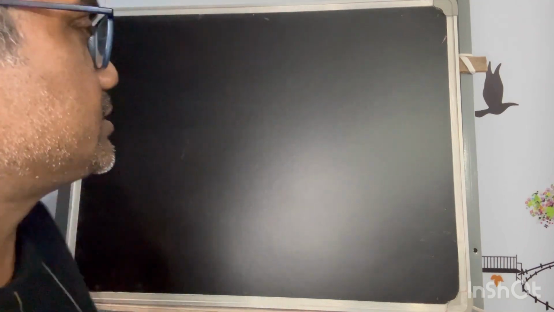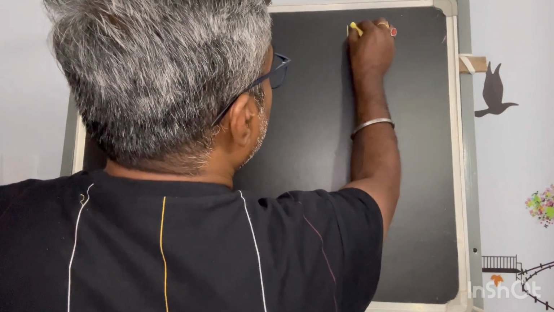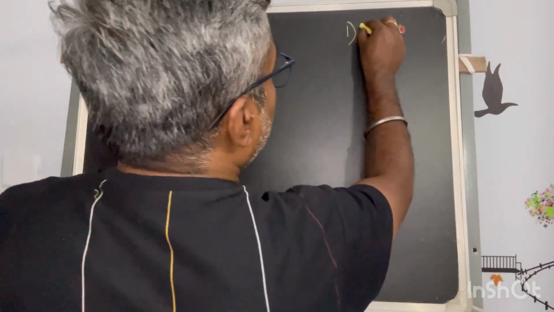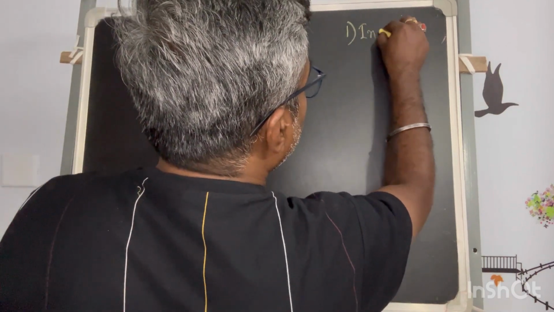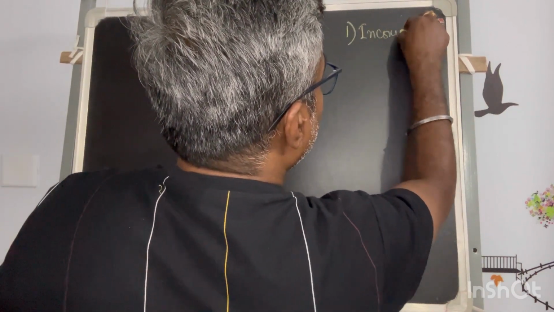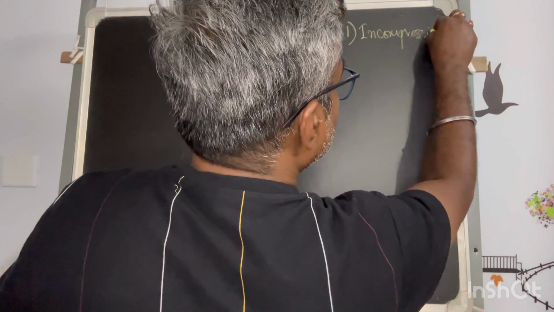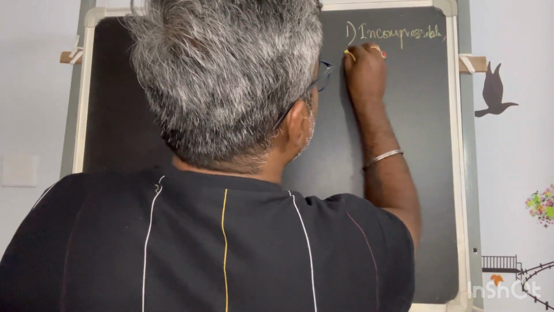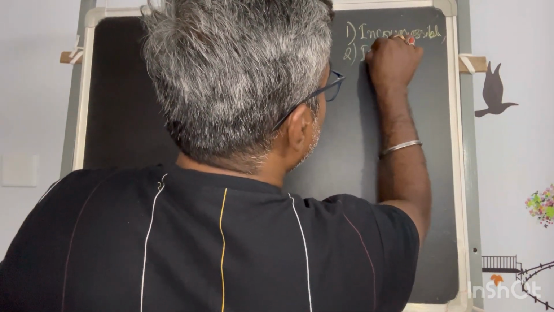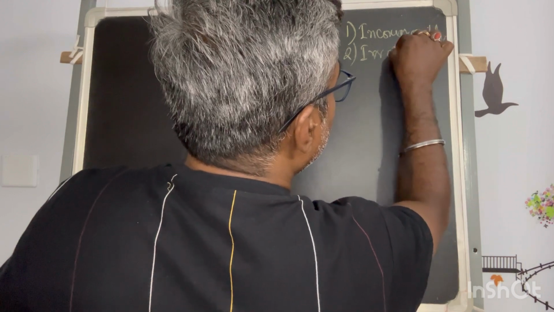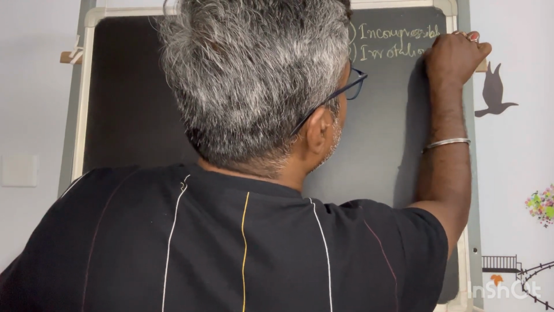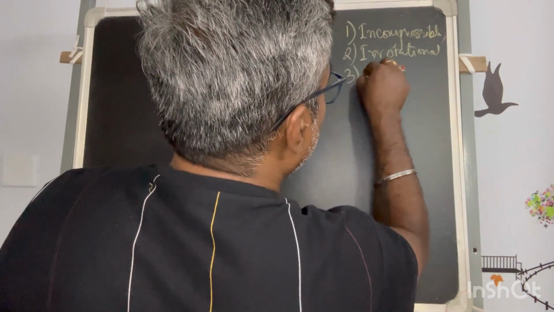fluid dynamics where we have considered an ideal fluid. So the ideal fluid, as I said, has three properties. It is incompressible, second one is irrotational, and third one is non-viscous.